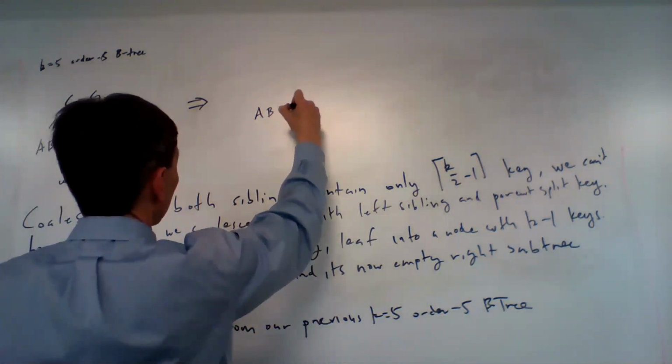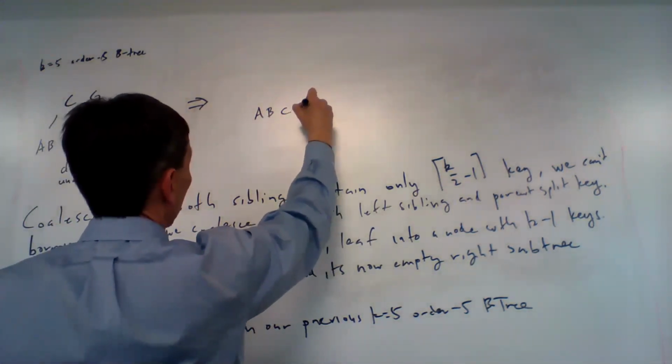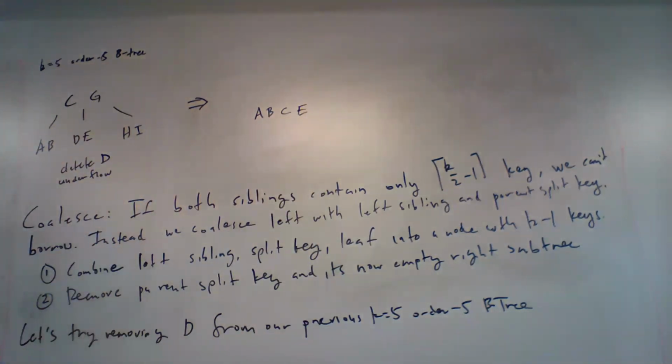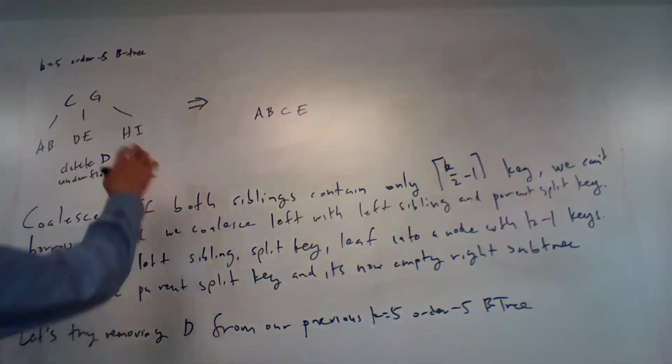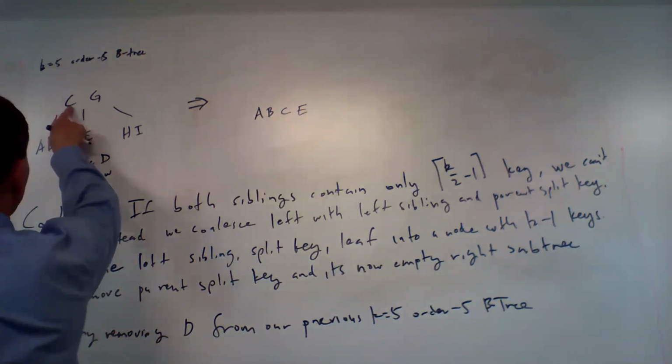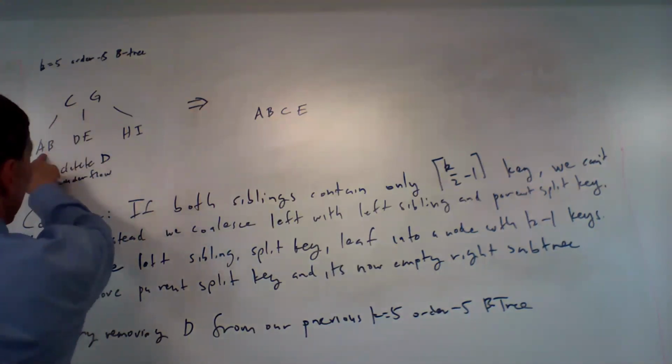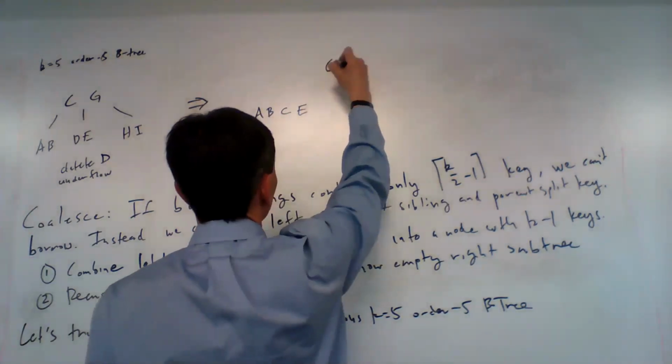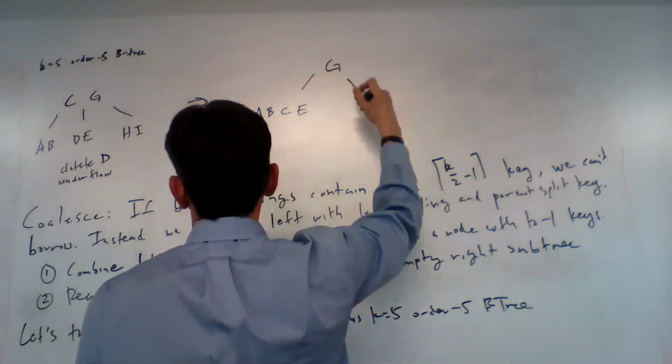sibling, the split key, and what's left in the leaf, and I'm going to create a new leaf node. And you can see it has exactly k minus 1 keys, 4 keys. All right? And then above, we remove the split key and the now empty left subtree, giving us this.